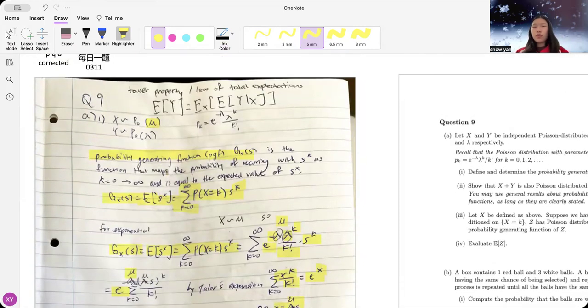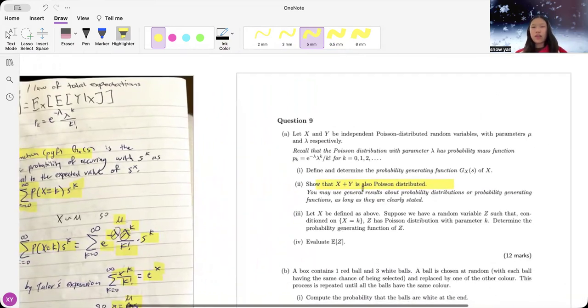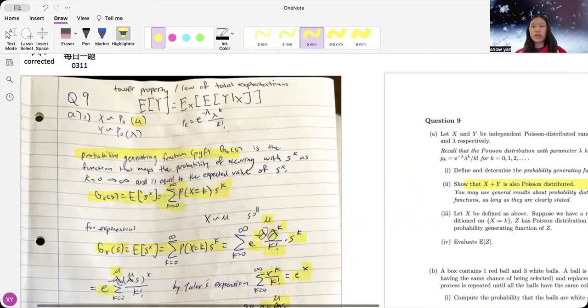For part two, we're asked to show that X plus Y is also Poisson distributed. It gave a hint that you may use general results about probability distributions or probability generating functions, as long as they're clearly stated.